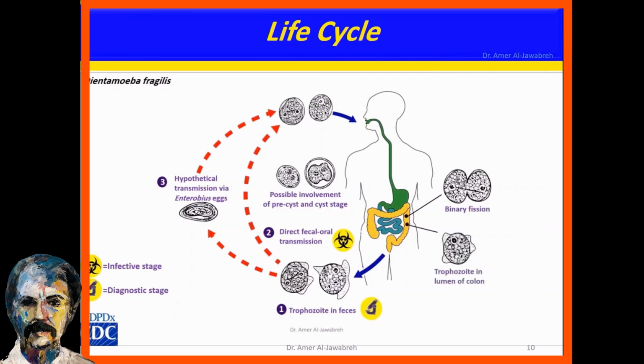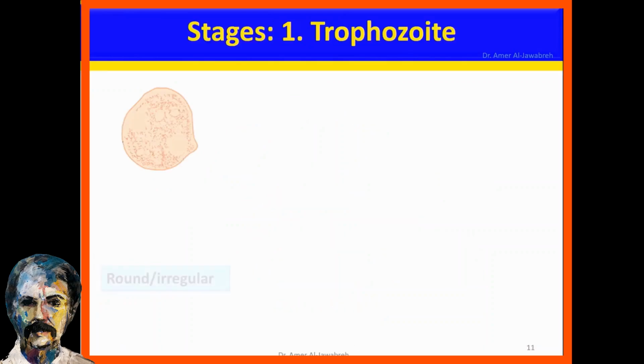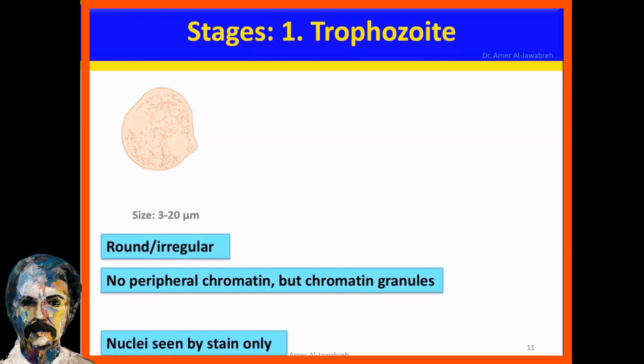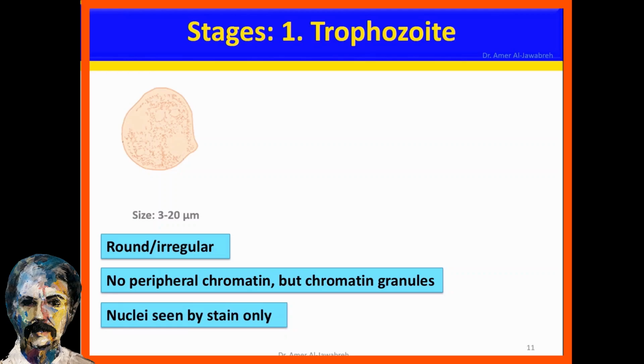Trophozoite in the lumen of the colon, the large intestine. So we have the trophozoite. It's round or irregular in shape, 3 to 20 micrometers. You can imagine 3, very, very small, or even 20. No peripheral chromatin, but chromatin granules.